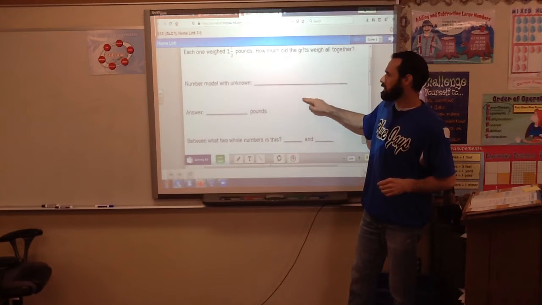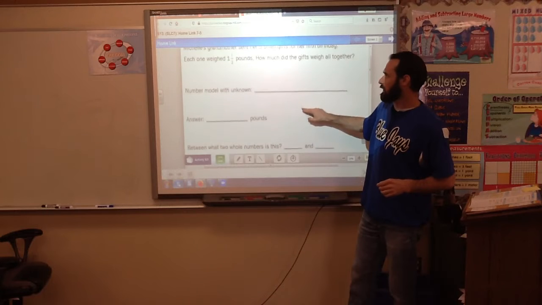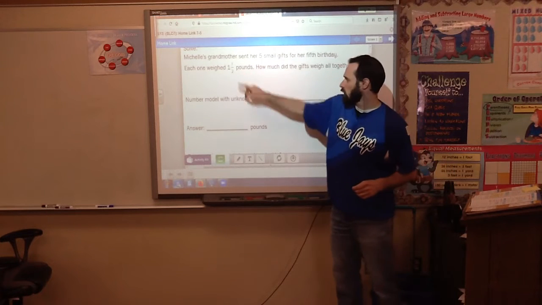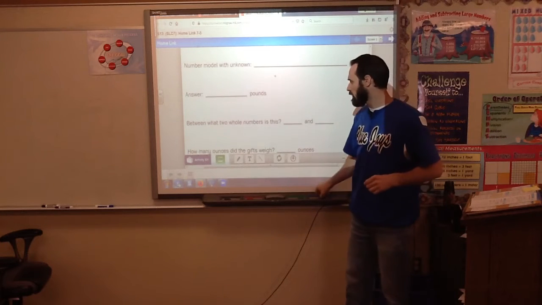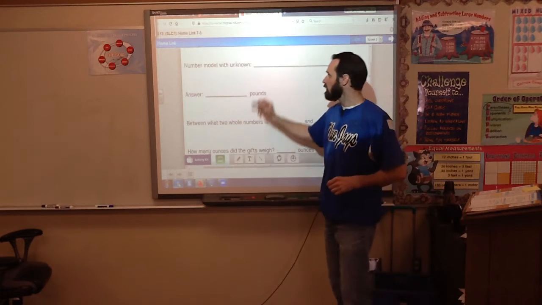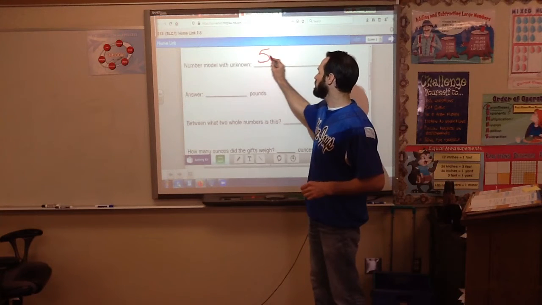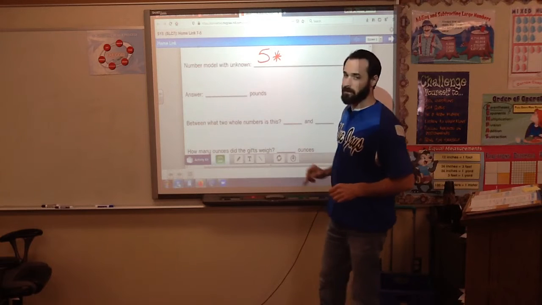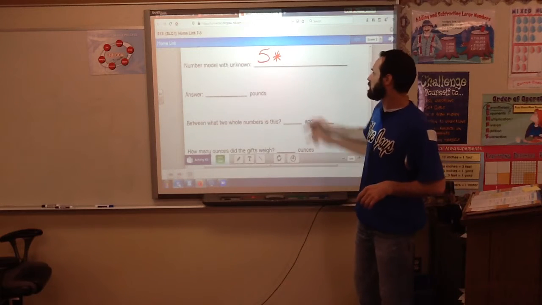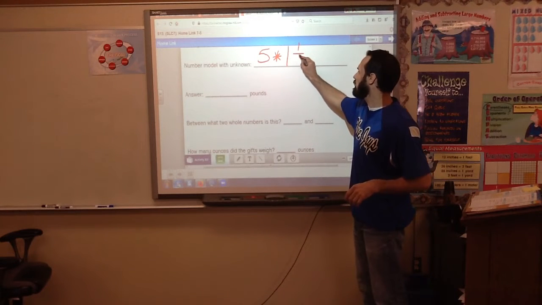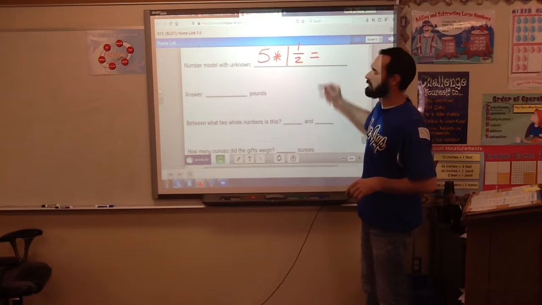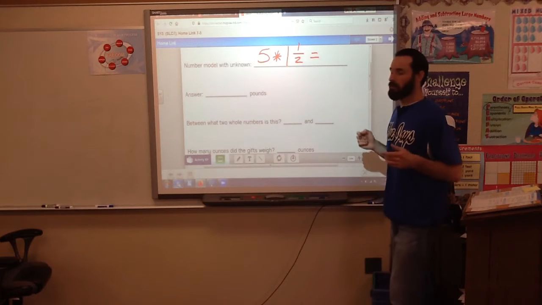So the first thing that we're going to do is we're going to write our number model with unknown. 5 small gifts, 1 1/2 pounds. I'm going to move it up now so that we have room. We have 5 gifts times, what's our mixed number? 1 1/2, and you can pick whatever unknown you want.